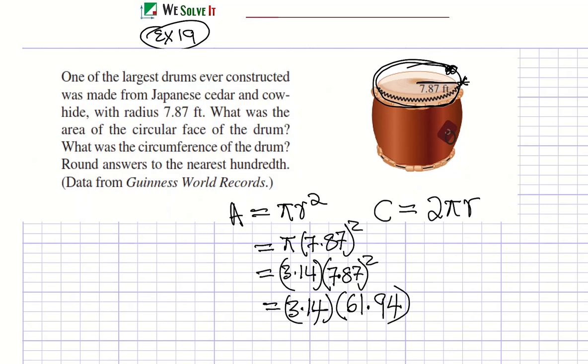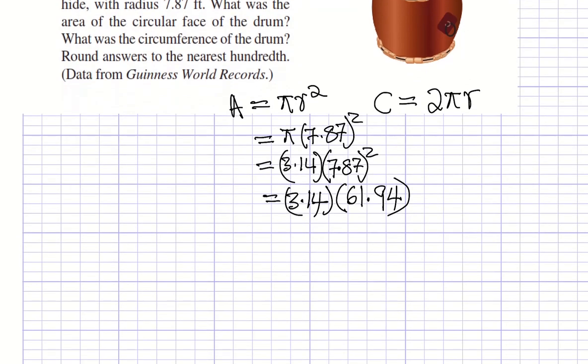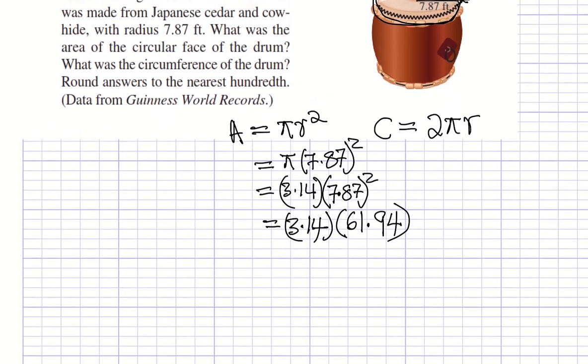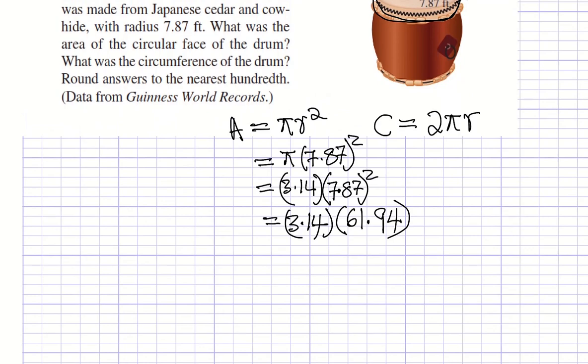Let's leave it like that because there are 2 decimal places given in the problem. So the area is 3.14 times 61.9. What do you get?